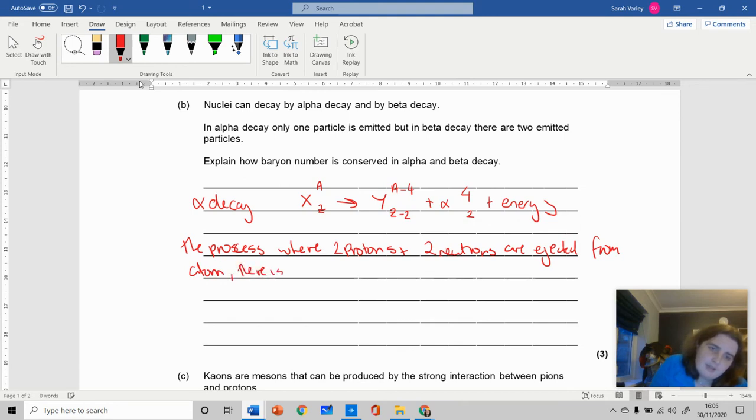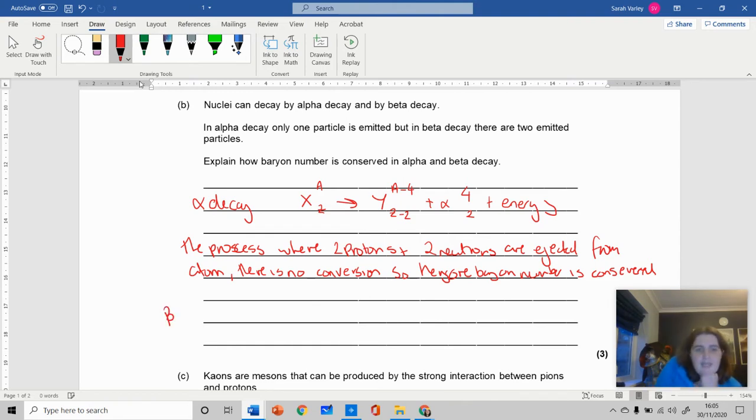There is no conversion, so therefore the baryon number is conserved. So what's actually saying here is that this process where 2 protons and 2 neutrons are ejected from an atom. Okay, so they're ejected from the nucleus of element X, they become element Y, and so there's no conversion of elements. It is just straightforward that they're just ejected from the situation, therefore baryon number is conserved.